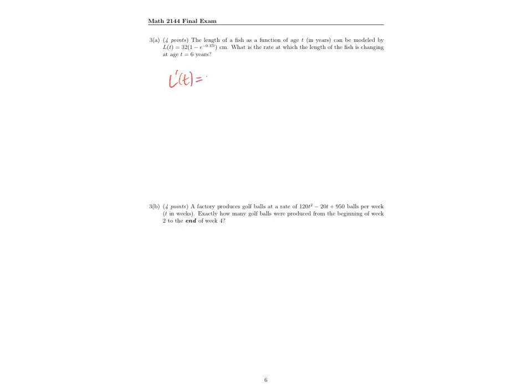Well, that 32 can just stay there, and then I'll have, well, actually, let's see. It might be easier for you to see if I factored it out first. So I can say L of t is equal to 32 minus 32 e to the negative 0.37 t. So that might be a little easier for you to see.